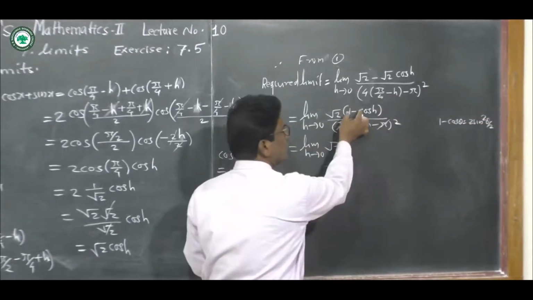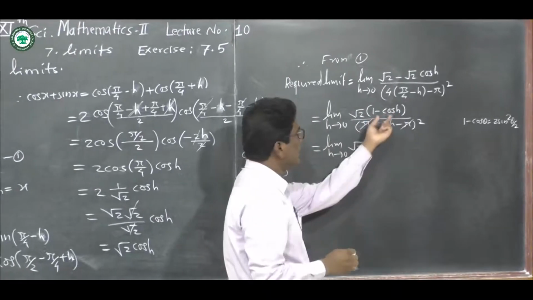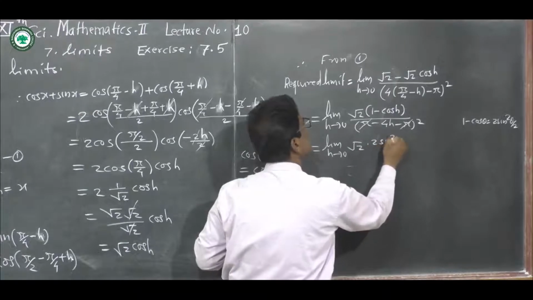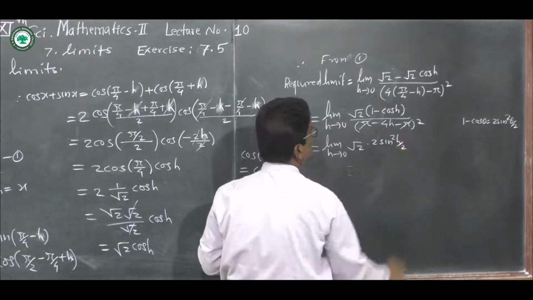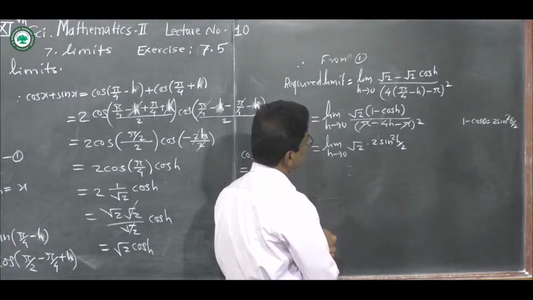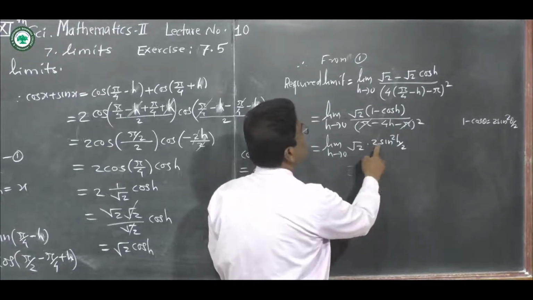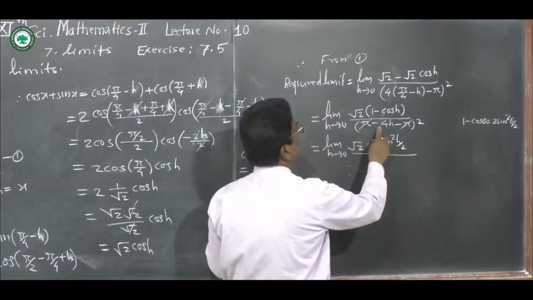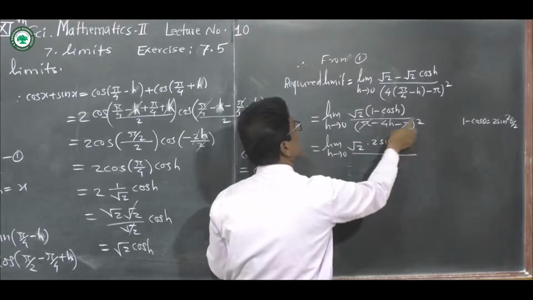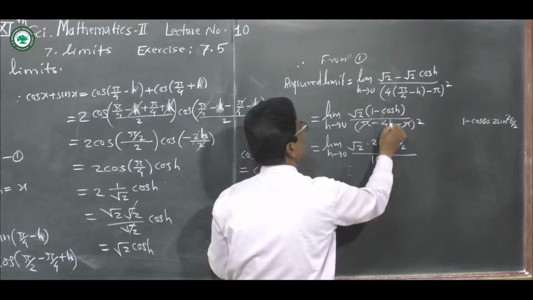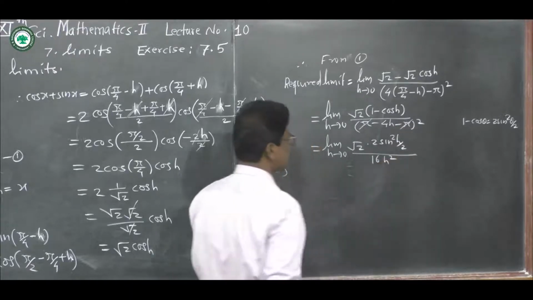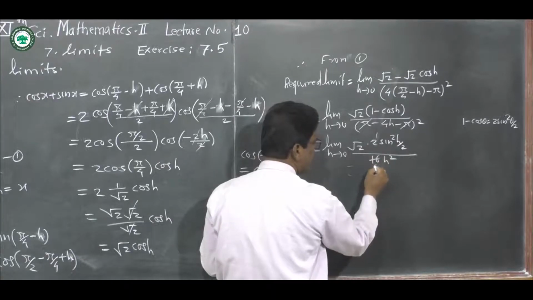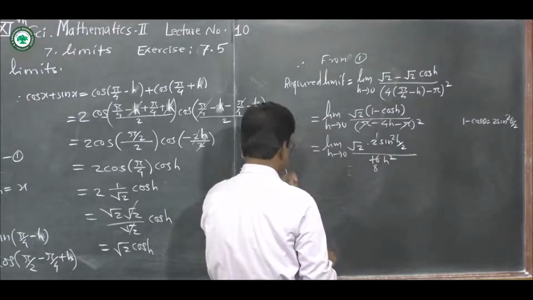So put the value for 1 minus cos h, that is 2 times sin square h by 2, divided by minus 4h, bracket square. So minus 4 square, that is 16, and h square. Okay, so we get here 2 ones are 2, 2 8s are 16.